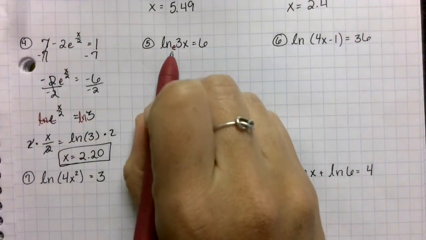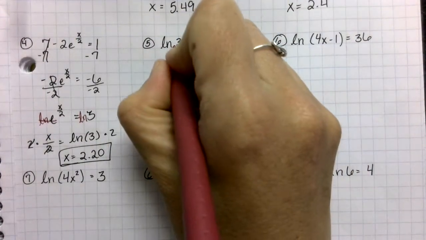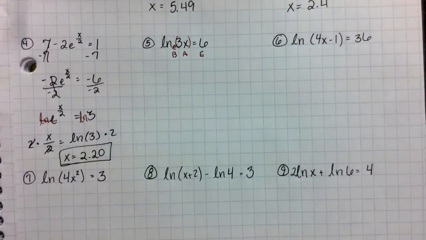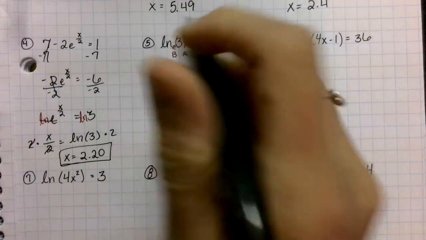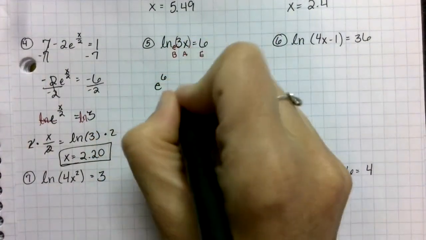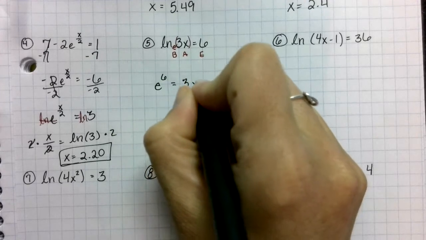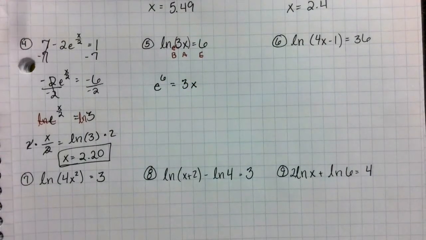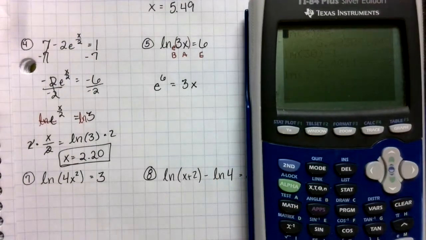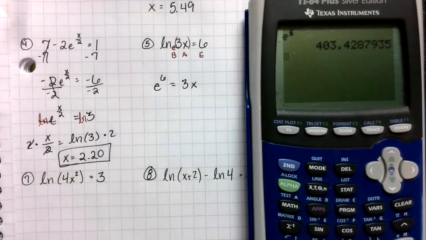Okay, so once I fill in the base of E, then I can use Bay, and this 3x goes together. So I have a base of E, an exponent of 6 equals an answer of 3x. What I would do at this point is in my calculator, figure out a value for e to the 6th.